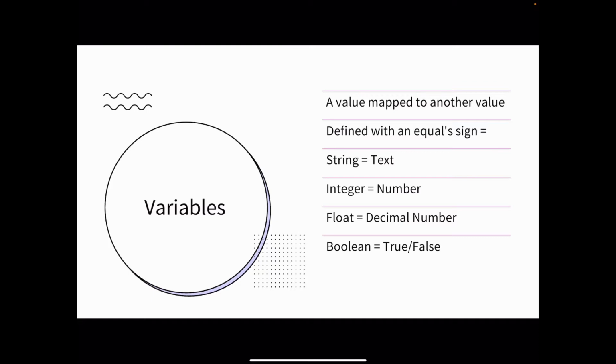We have a couple rules when it comes to adding variables together or working with our data, in that numbers can't be combined with strings, and we'll look at how to remediate some of those errors we may see, where we may have to swap the variable between being a string one time and a number the other. Then you have a float, which is simply a decimal number, like pi, 3.14. It's just a number with a decimal point.